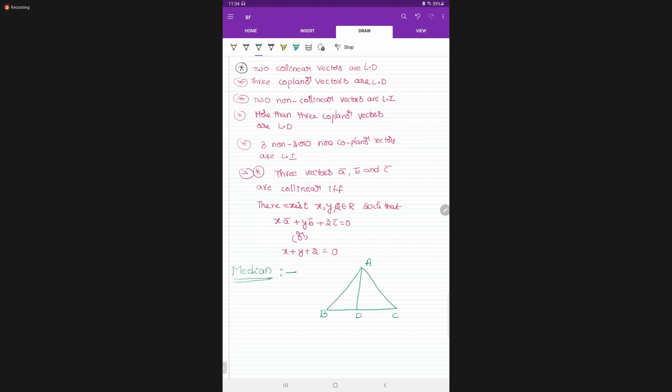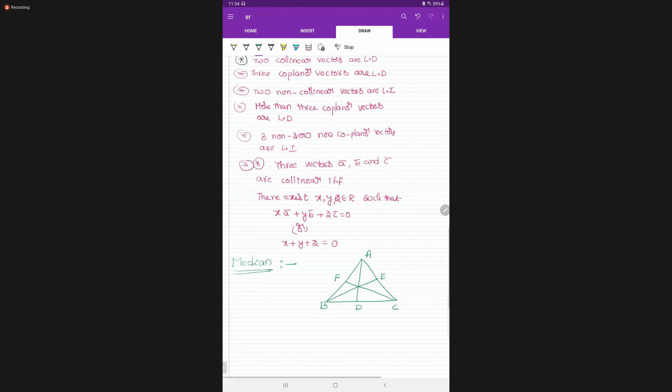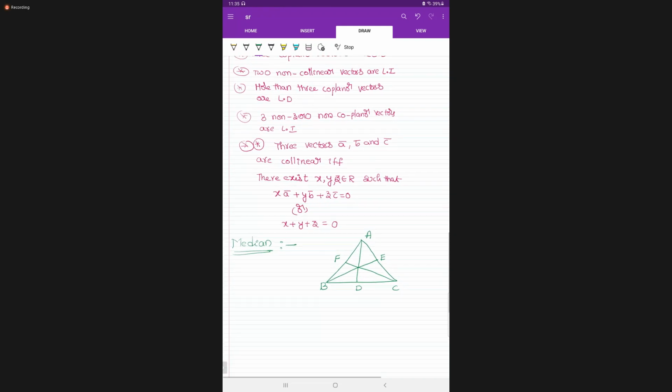AD is a median. BE. This is CF. Here we have to find the median. What is the formula? AD bar is equal to... From triangle ADC, you can write AB bar plus BD bar is equal to AD bar.